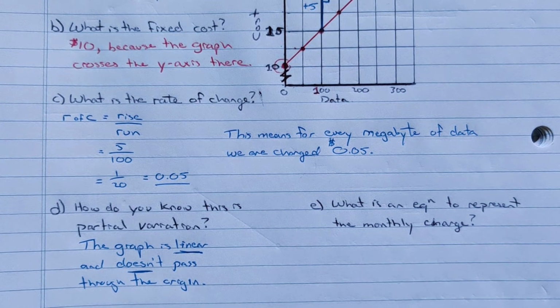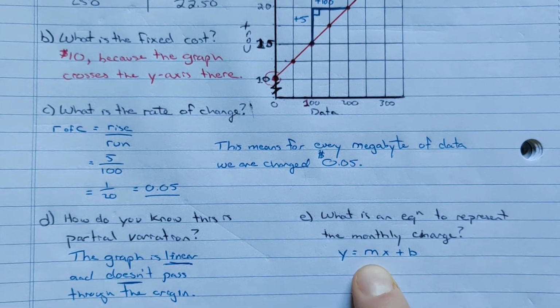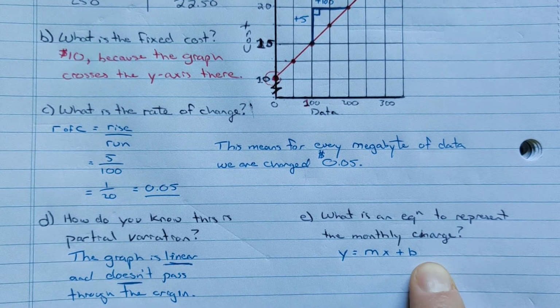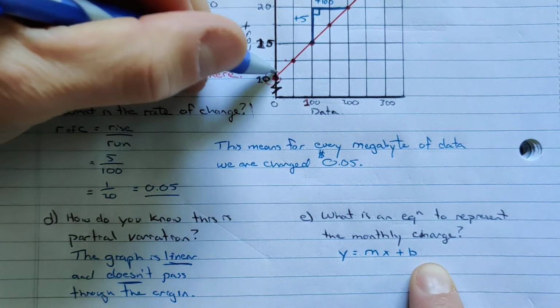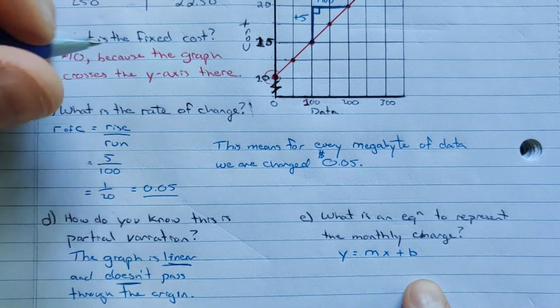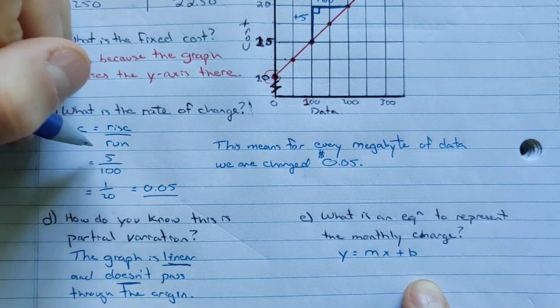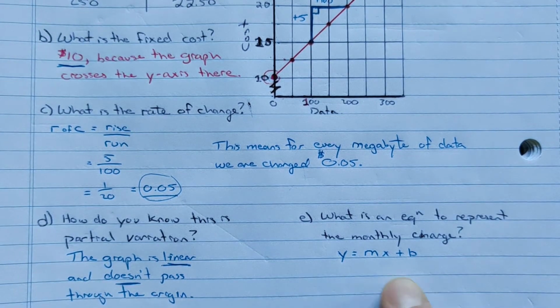And now we want to create an equation for this. So we can make an equation using that general formula, which was y equals mx plus b. Again, m was our rate of change. b was the y-intercept value, the value that it crosses the y-axis at. That's our fixed cost. So this is our b value right here, and this right here is our m value.